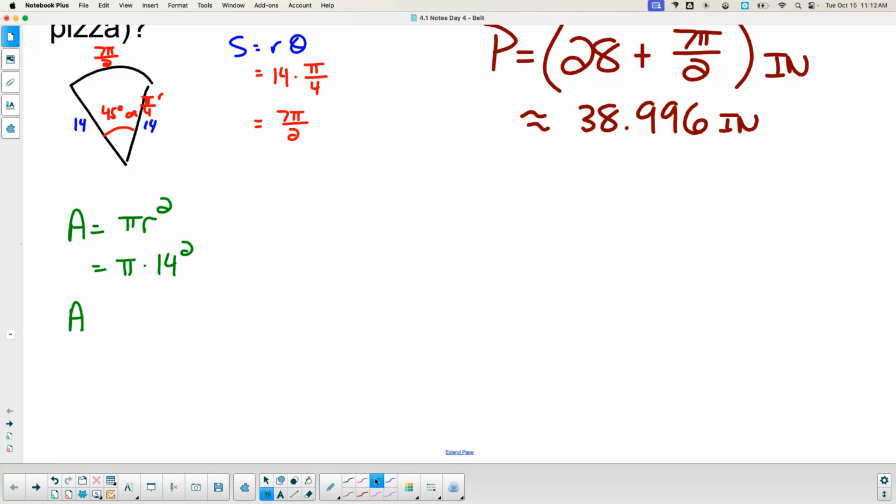The total area of our pizza is 196 pi square inches. Agree? But how much do we have of that? 1/8.